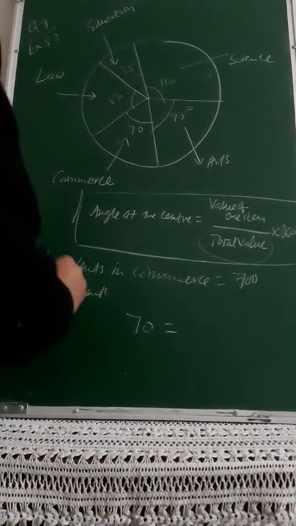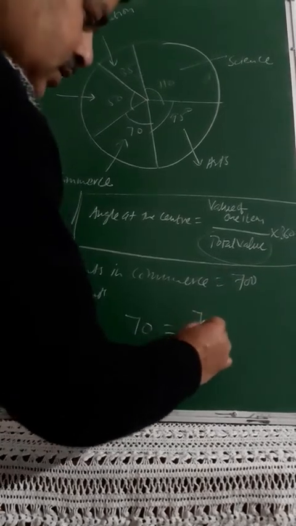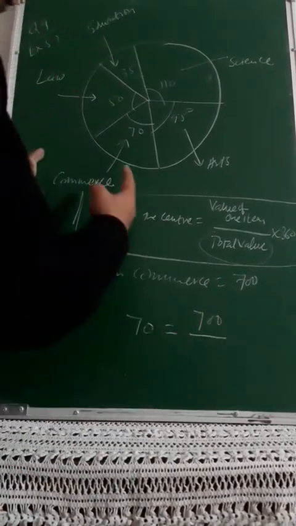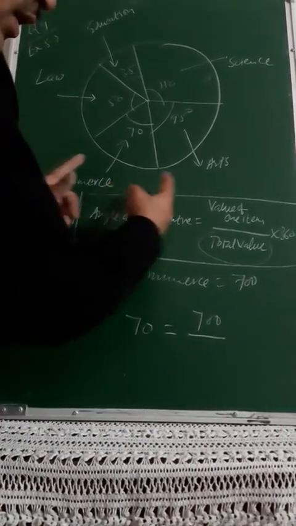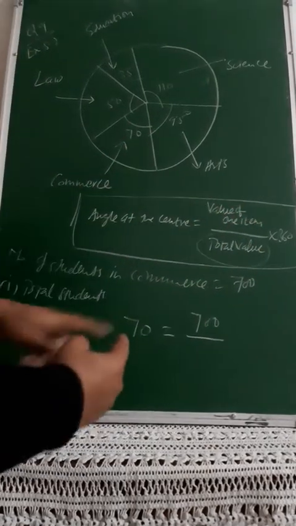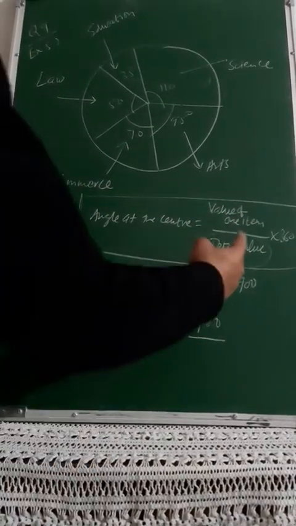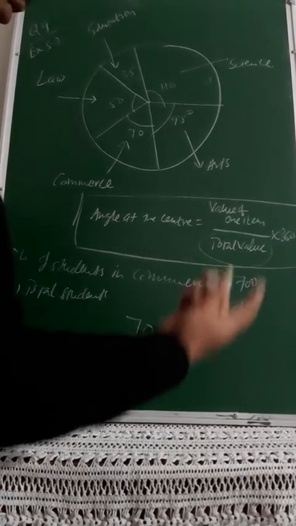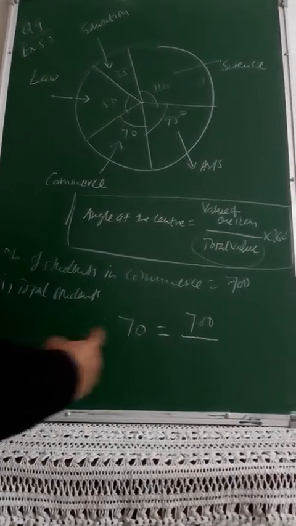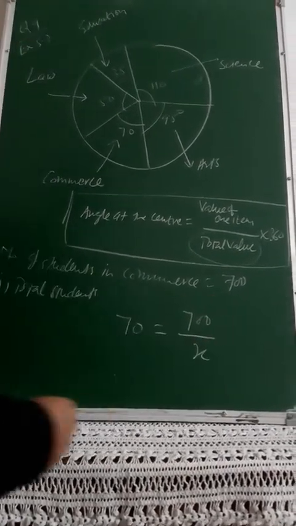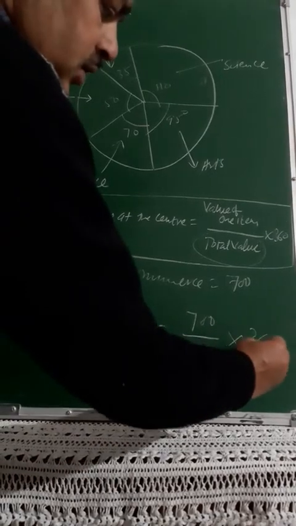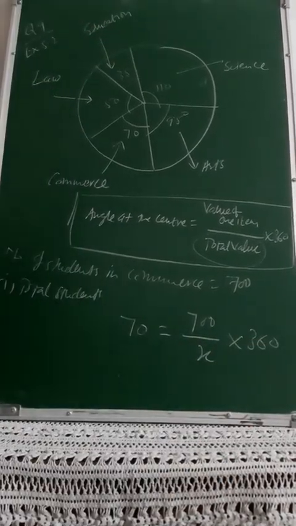The value of one item means the number of students in commerce. Information about commerce available with me is that there are 700 students. What I need to determine is the total, the total number of students. Take that to be x, and into 360. That will give you the total number of students.